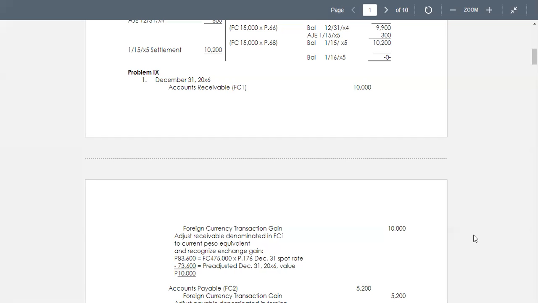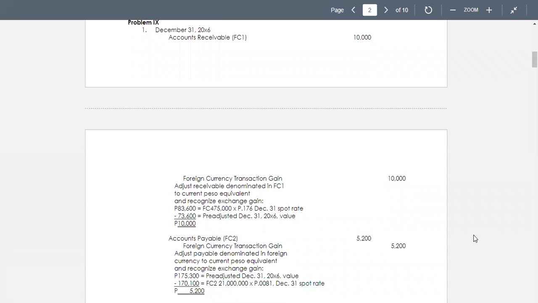Now we are given the accounts receivable balance of 73,600, but if you multiply the 475,000 FC1 by the spot rate on December 31, you get a higher amount than 73,600.